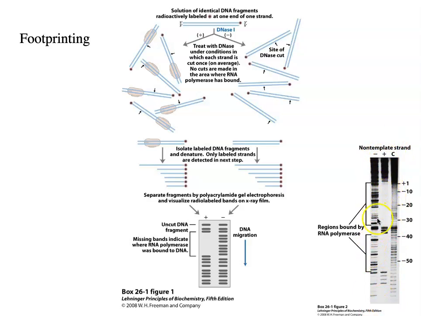Notice that certain fragments disappeared, some remain, and some fragments appeared, because if you change the cutting pattern, then some fragments will change their size and new fragments could appear. And knowing what those predictable fragments are and where the cutting sites are, then you can determine where RNA polymerase is bound, because those are the sites that were not cut.